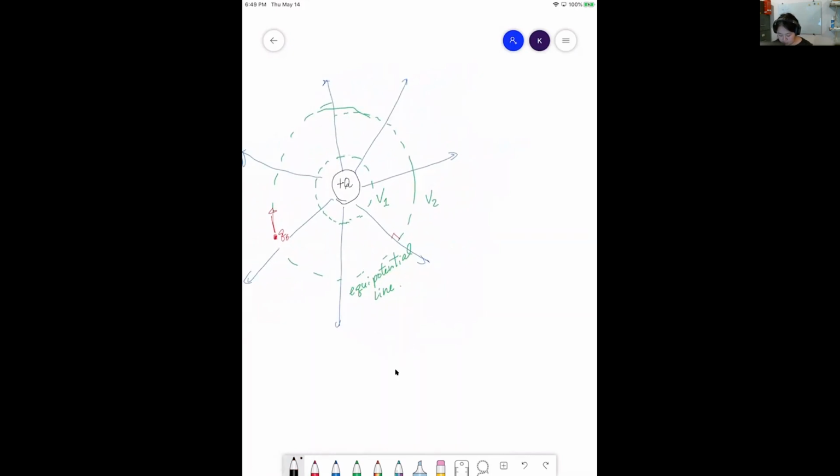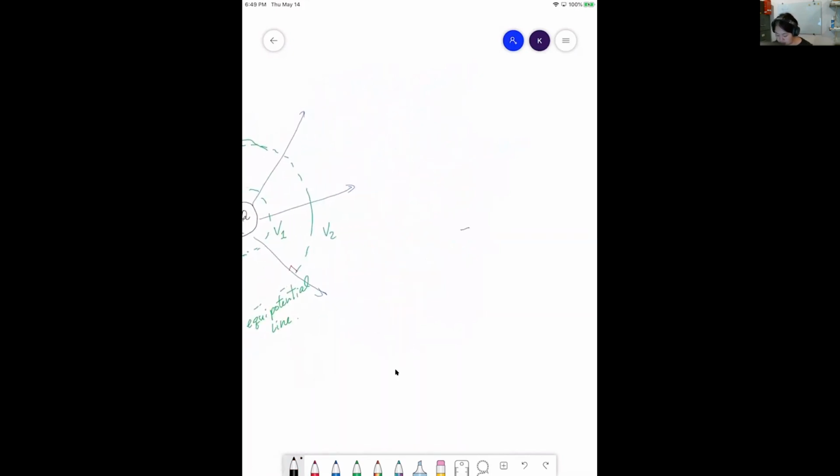Let's look at the case of minus Q. With minus Q, you have a field line that's coming inward, right? Like that.